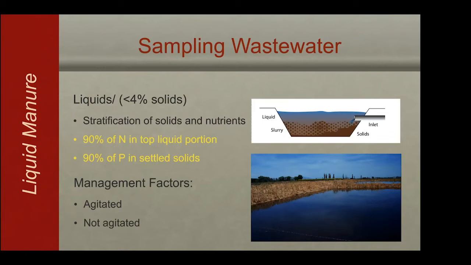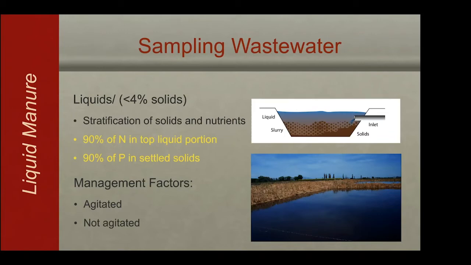Then there's a very bottom layer that becomes a sludge layer that's really just solids. The big thing out of this is that the nutrients also are stratified. Ninety percent of the nitrogen is in that top liquid portion, the top 1 to 2 feet or so, but the phosphorus is pretty much all with the actual solids particles way down at the bottom.